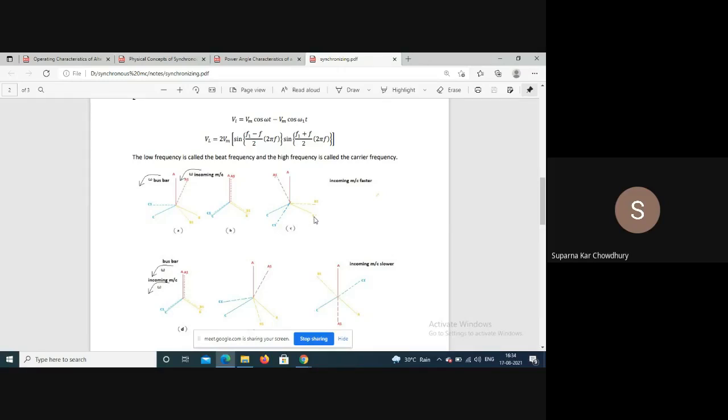So again the voltage across the lamp between B and C1 will become zero, and this lamp will become dark. So if the sequence is the same, then one lamp will be dark at a time, but it will go on rotating because the phasors are rotating. Phasors are not fixed.